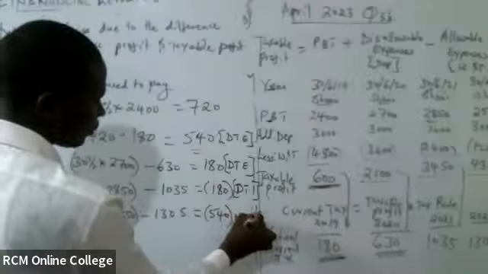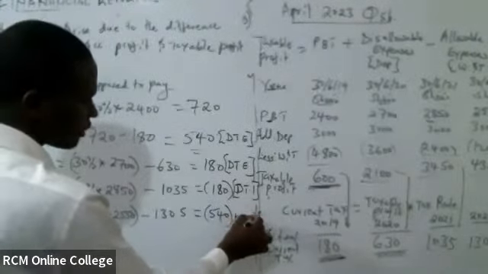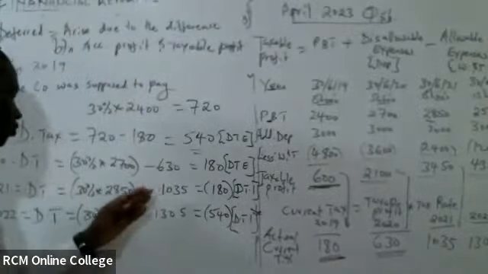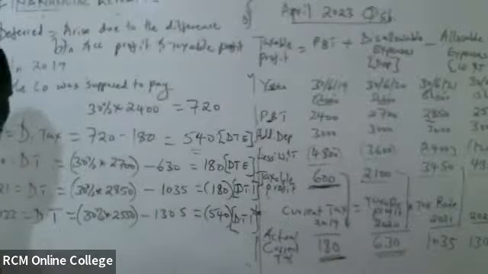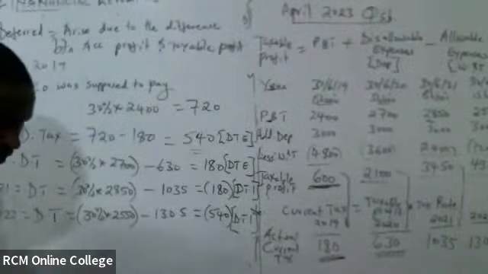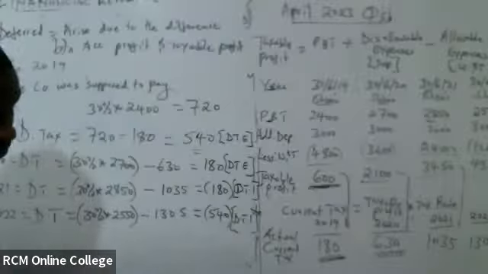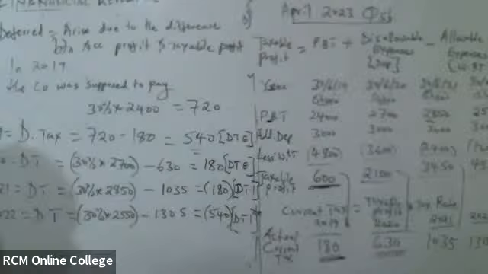You know, this is a liability, and the treatment of liability is different from the treatment of an asset. So in the years 2019-2020 we had deferred tax expense, and in 2021-2022 deferred tax income. That is how you are supposed to approach that question.